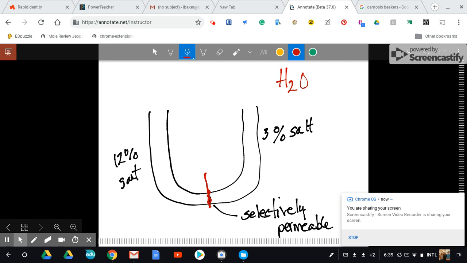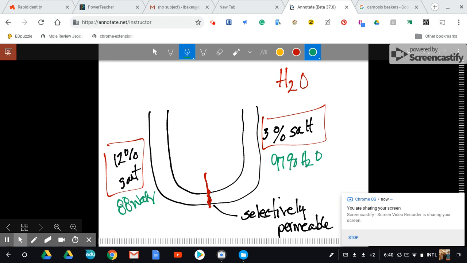If I've got 12% salt here and I've got 3% salt here, that means I've got 88% water. My math may be off. Nope, that's good, 88% water. And over here, I've got 97.